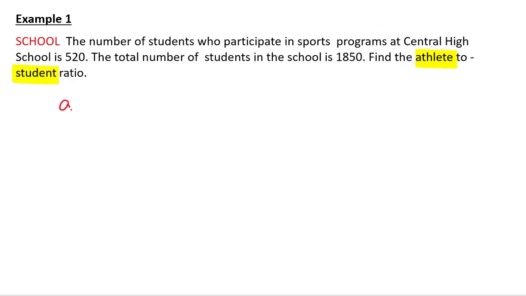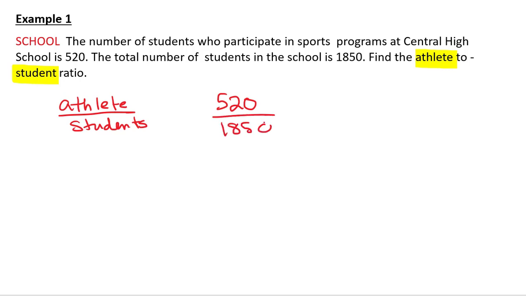So you do athletes to students. Our athletes is 520 over the total students, which is 1850, and that simplifies to 0.28.